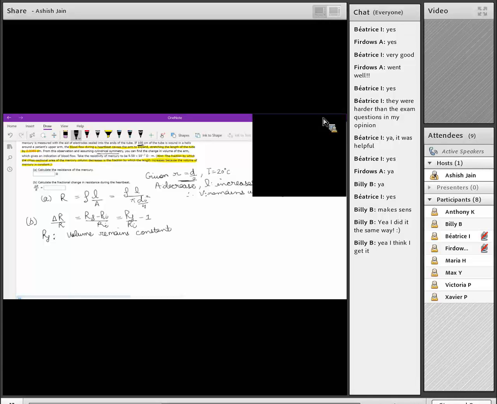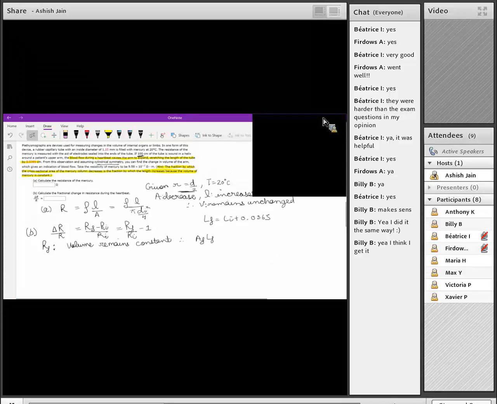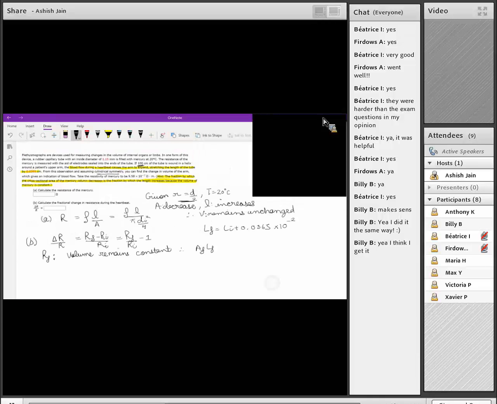Volume remains constant, therefore AF, the final area, into the final length LF, plus LI plus 0.0365. You change it into meters, into 10 to the power minus 2. Use SI units for all.